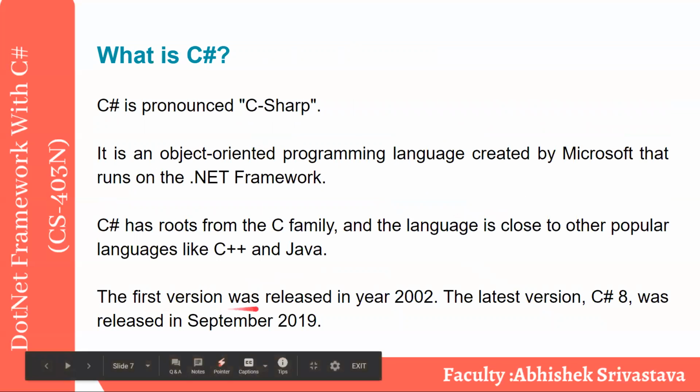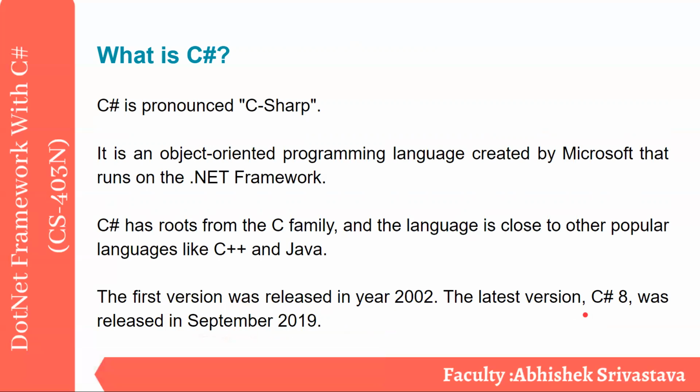The first version was released in 2002, and the latest version, C Sharp 8, was released in September 2019. Means update here: September 2019, we have C Sharp 8. What we are lacking in the previous version, we are adding in the next version.